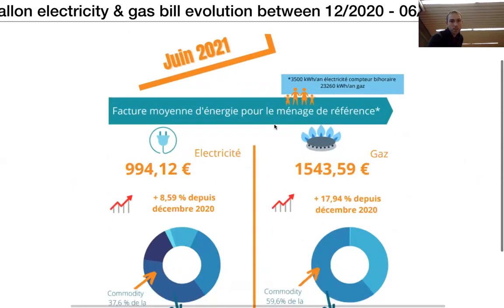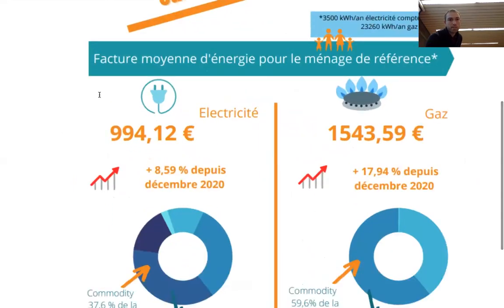And here are some key facts. Here it is the increase. By comparing an average bill for electricity for a Belgian household between last year and now, probably the increase will be 9% right now. And for gas, almost 20%, so it's quite huge. And here it is the amount of the average electricity bill and gas bill for a household.